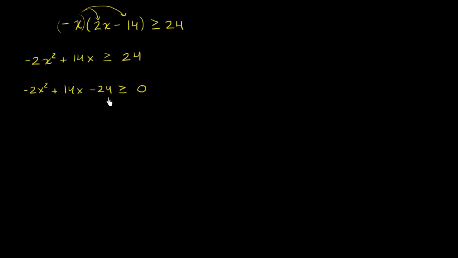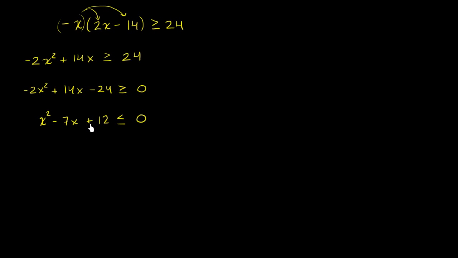So if I divide both sides by negative 2, I'm going to be left with x squared, minus 7x plus 12. And now since I divided by negative 2, I'm going to flip this inequality: is less than or equal to 0, since 0 divided by negative 2 is 0. So that simplified things a good bit.